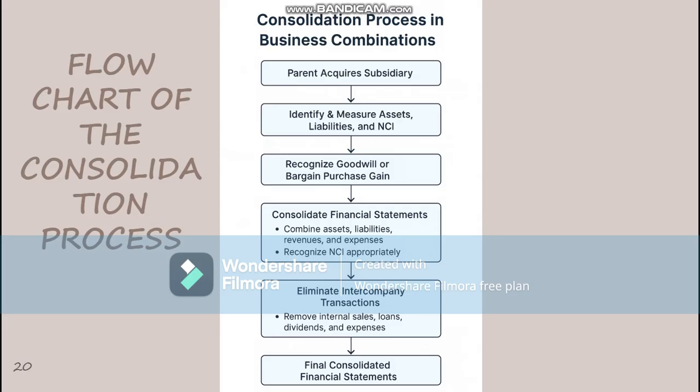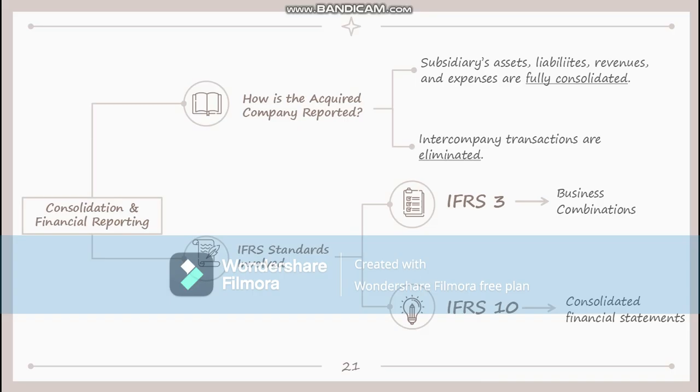There are two important points in consolidating financial statements. Number one is removing internal transactions. Financial transactions like sales or loans between the main company and the smaller company it owns must be removed. This prevents counting them twice in the financial statements, which can blur the real financial picture.